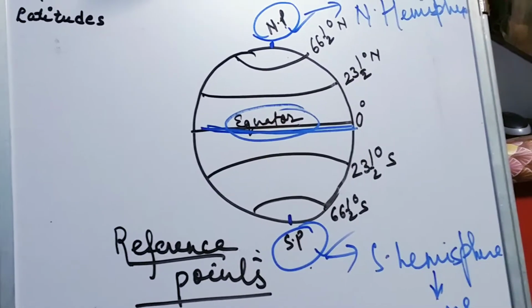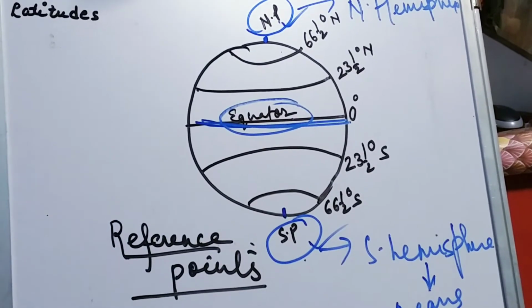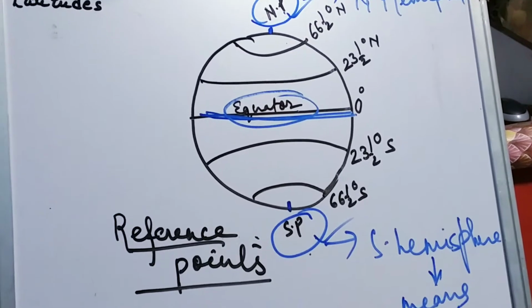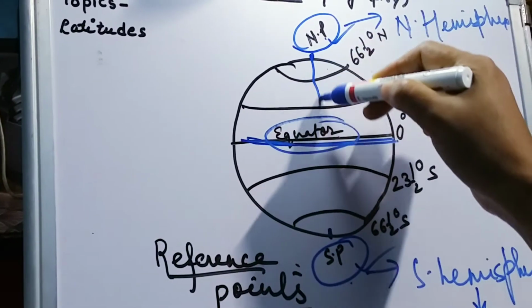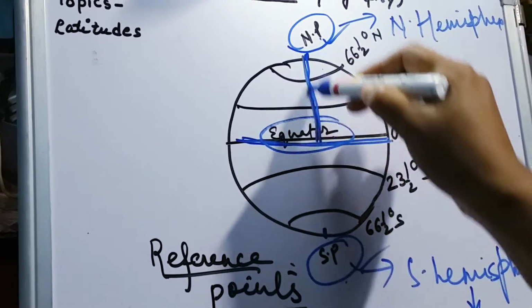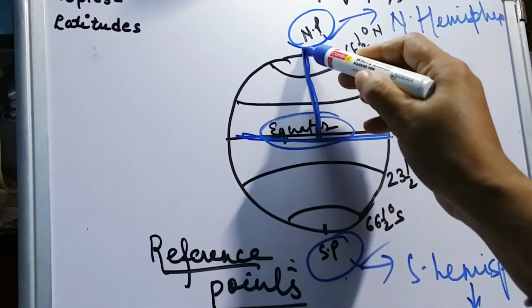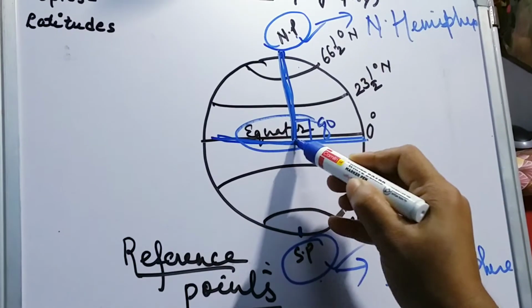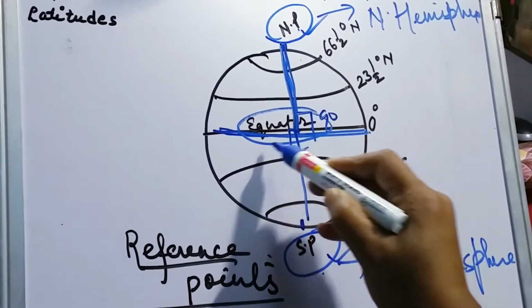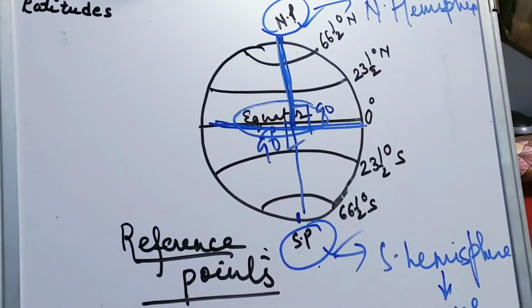And the perpendicular line from any of the poles to the equator makes an angle of 90 degrees. This line is perpendicular, so there is an angle of 90 degrees. Here also is a perpendicular and this is also 90 degrees.